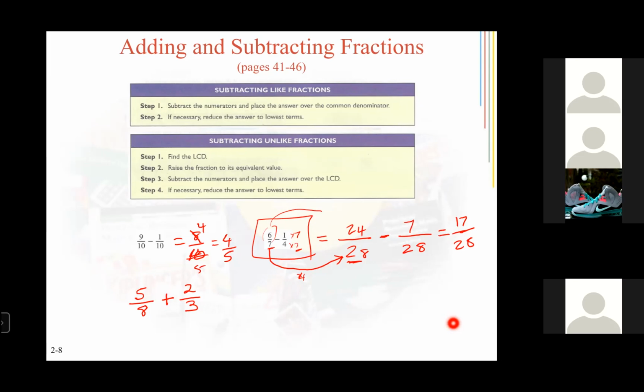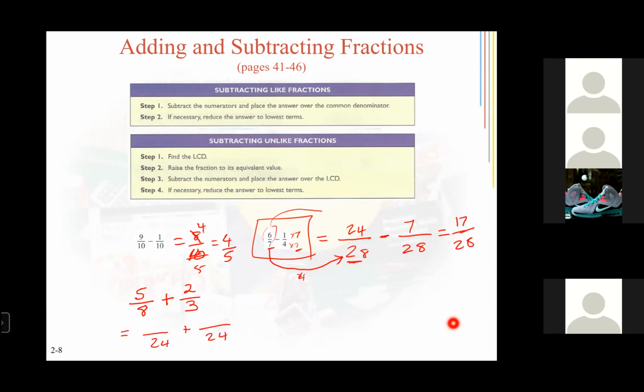Okay, what's the common denominator you used for that one? 24. Okay.